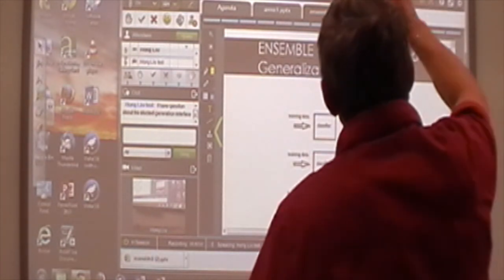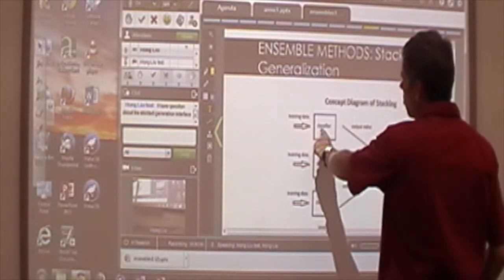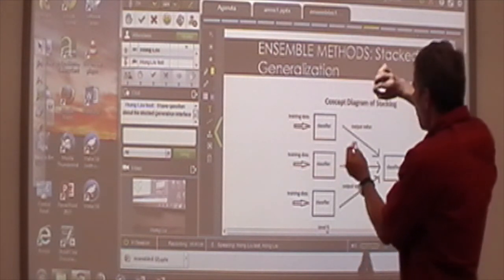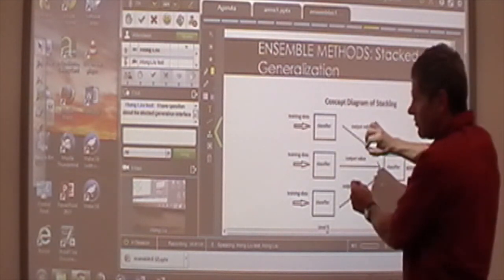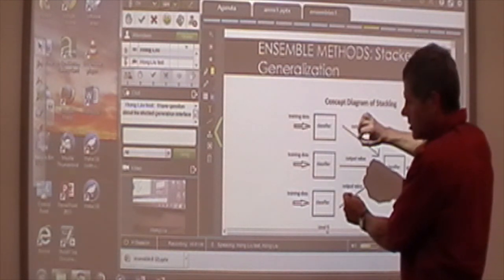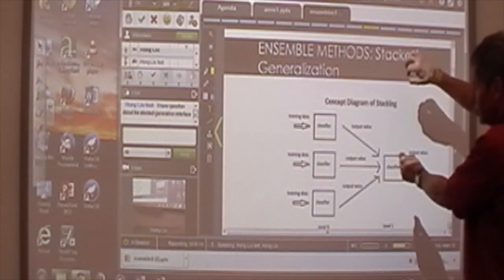Right, so now your output value is going to be the value from each classifier, and some of those will be right and some of those will be wrong. Okay, because you're always going to compare it to the actual value.